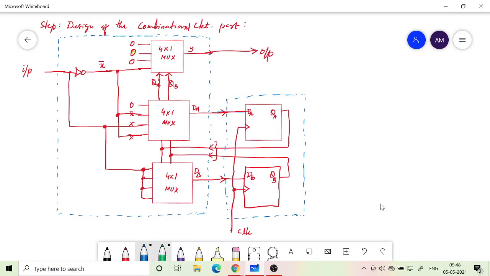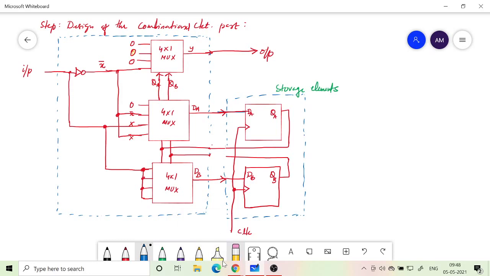Let me write, these are the storage elements. The storage elements take an input from the combinational circuit, and their output is given to the input of the combinational circuit. So these are the inputs.